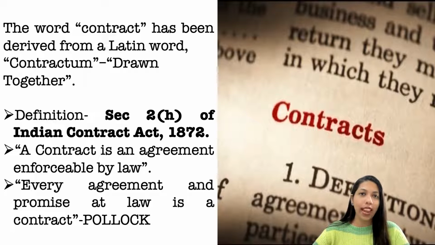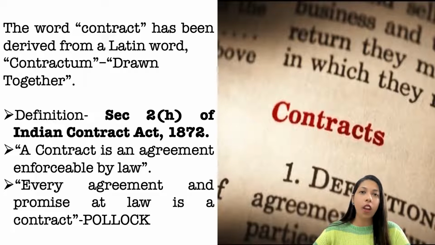So there should be two elements. A contract is an agreement, so an agreement should be there. And the second is enforceability by law. We're going to learn in detail what an agreement is and what enforceability by law means. For the time being, this is the definition section 2(h) gives about contract.